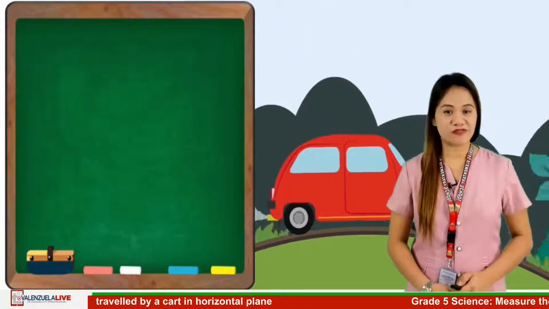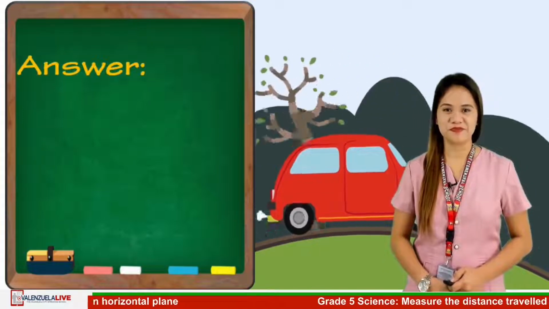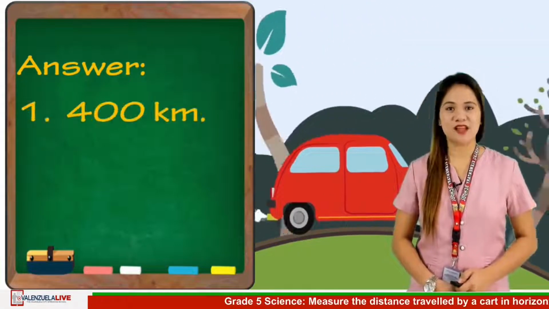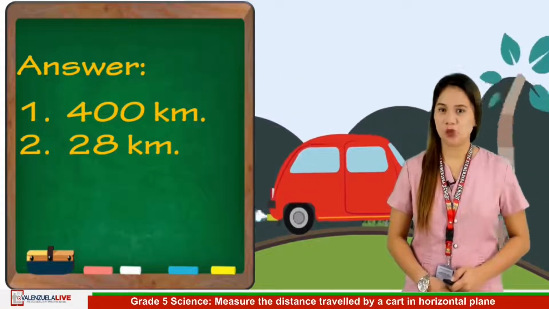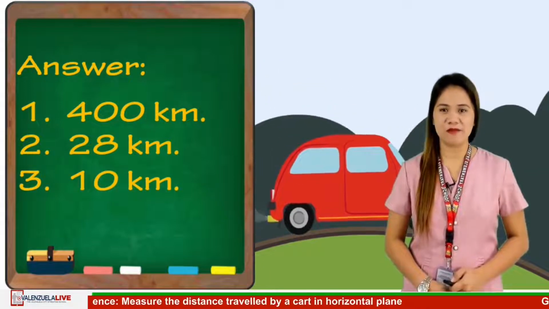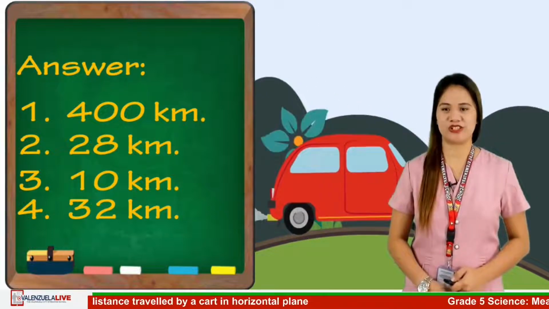Now, let's find out if you did it all correctly. Answer. Number 1, 400 kilometers. Number 2, 28 kilometers. Number 3, 10 kilometers. And number 4, 32 kilometers.